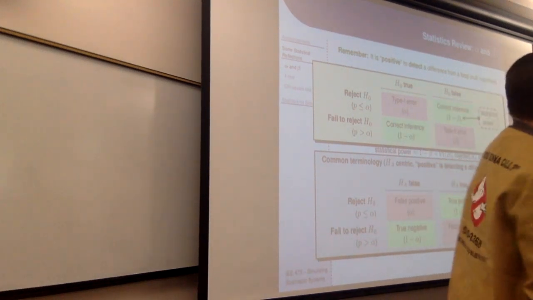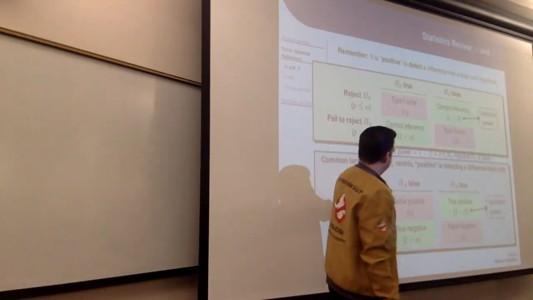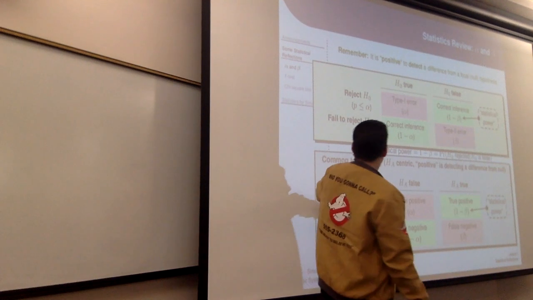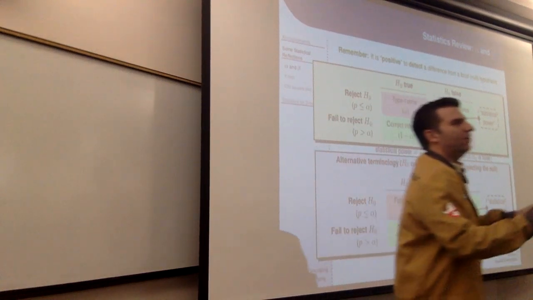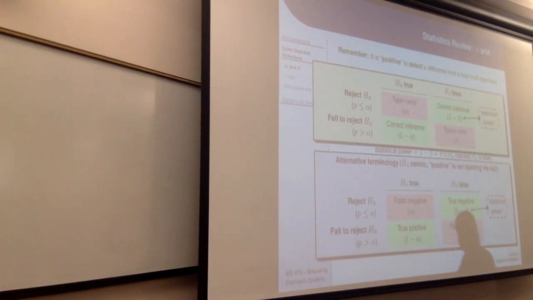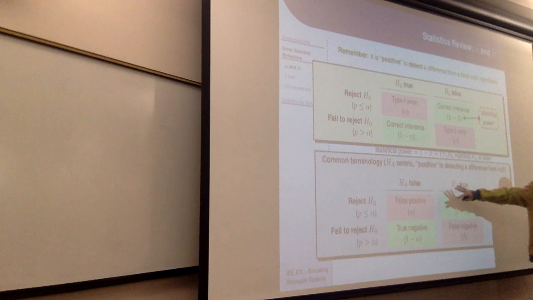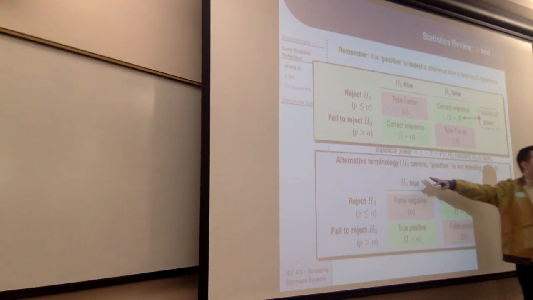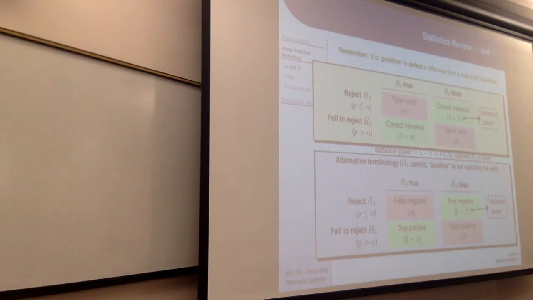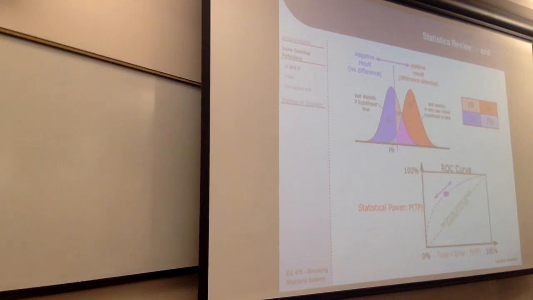But if I use those terms, it's easy for them to get confused with this null-centric perspective. So I want to flag that as a potential problem: moving forward in these slides, we're using this common terminology, but be careful you don't accidentally flip them and use this interpretation instead.